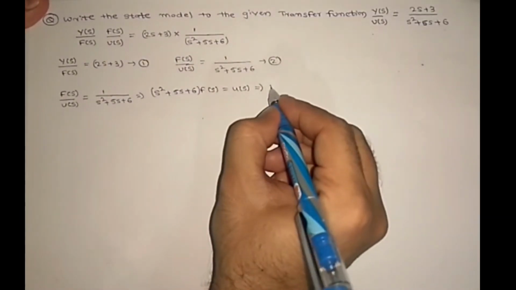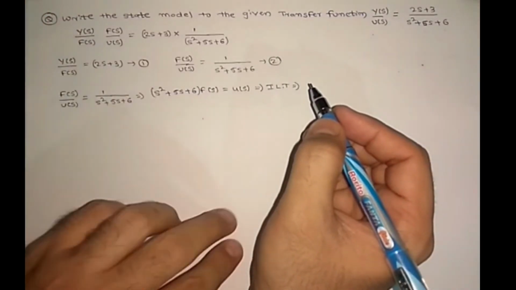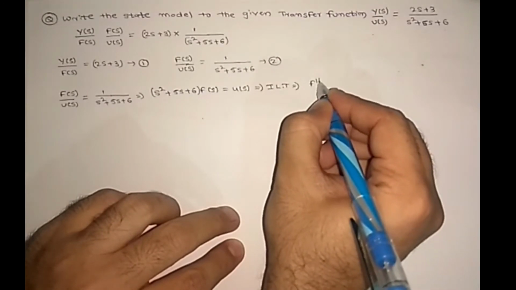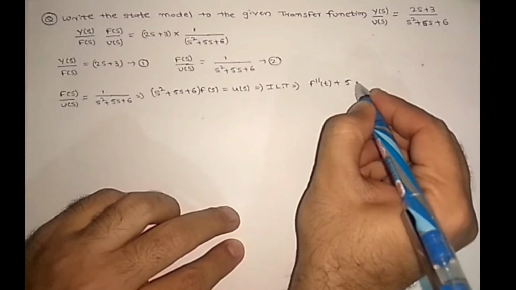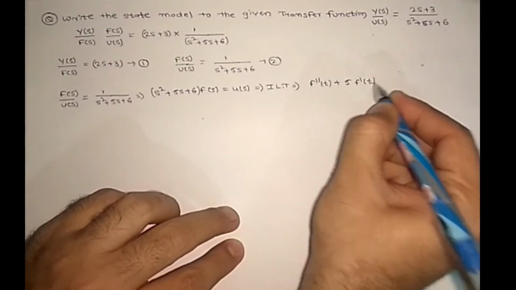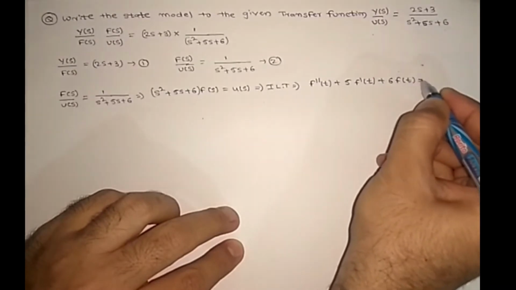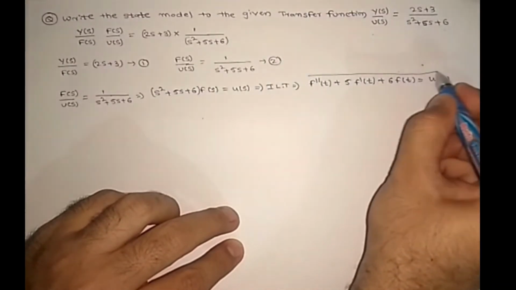If you apply inverse Laplace transform to this equation, what will you get? You will get f double dash of t plus 5 f dash of t plus 6 f of t equal to e of t. So this complete equation we converted into the time domain.